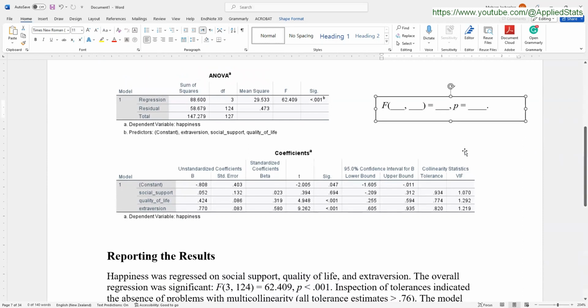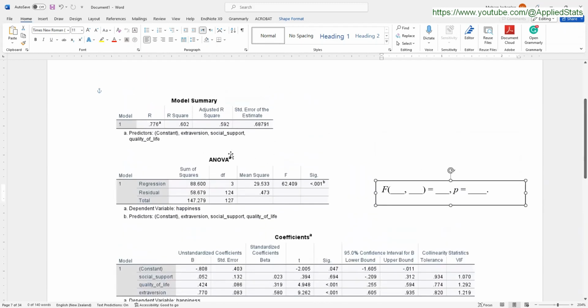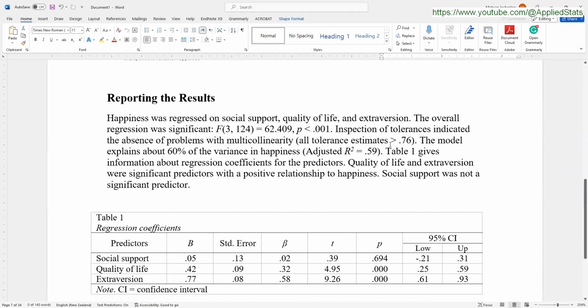And then this table is very important. You have to report it in APA style, plus your R-square and adjusted R-square. Your paragraph reporting this regression analysis: happiness was regressed on social support, quality of life, extroversion. Then you report your F value, degrees of freedom here, your F value, and your p value.